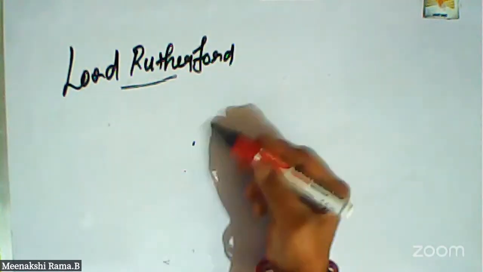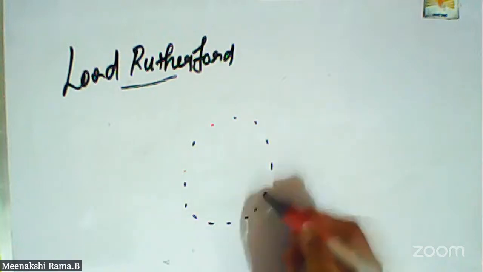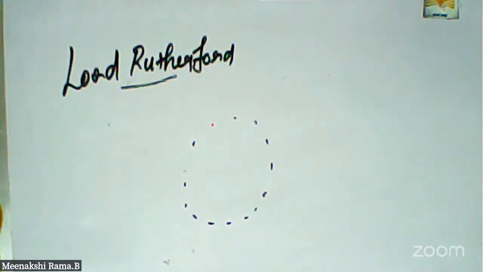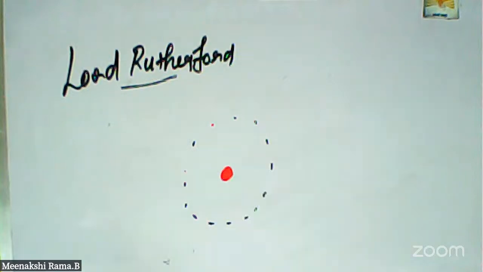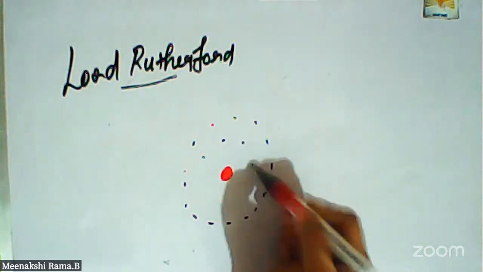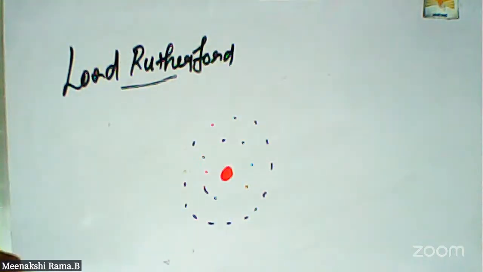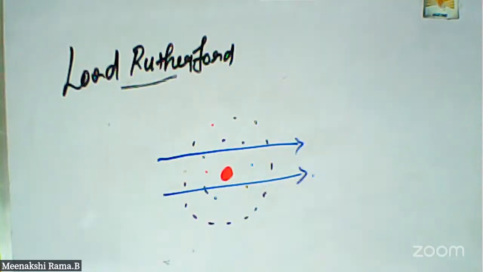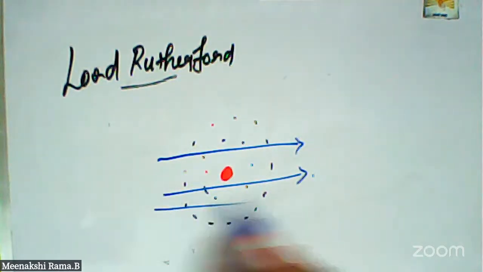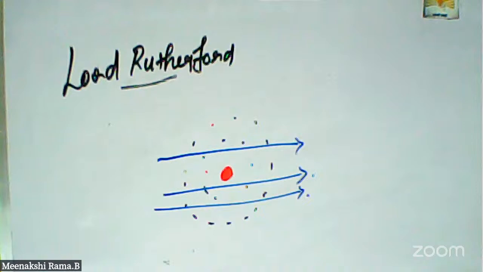Yes. This is the atom. So he sent the alpha particles. The center part of an atom is called the nucleus. Most of the alpha particles go through in a straight line through the foil.